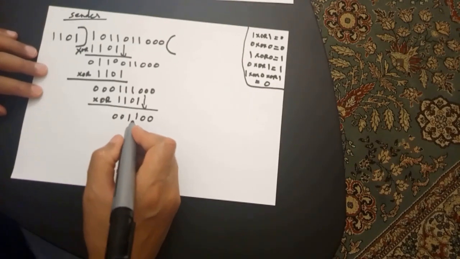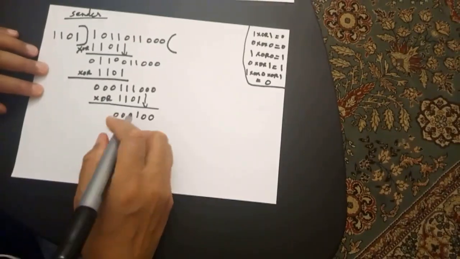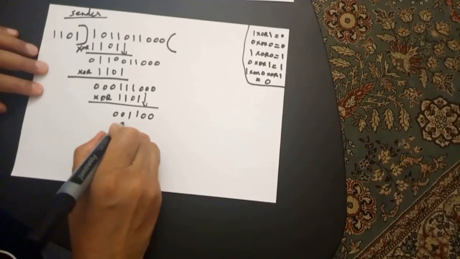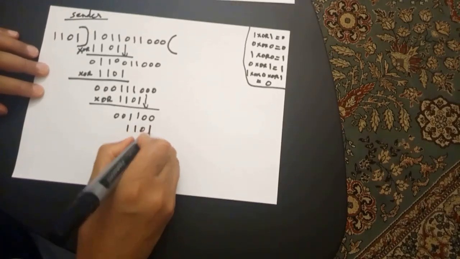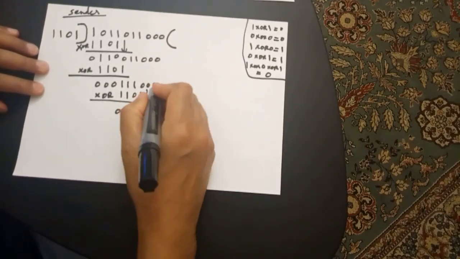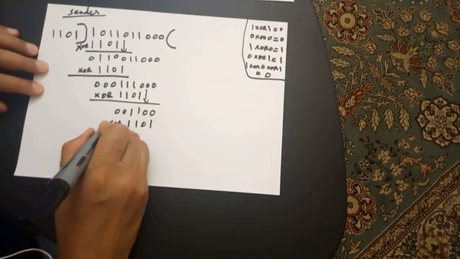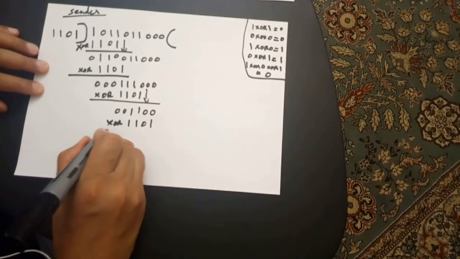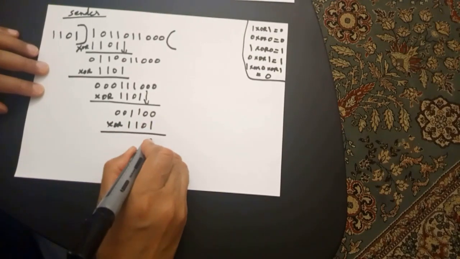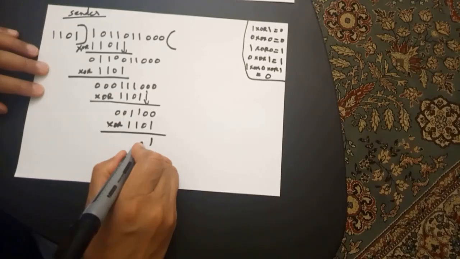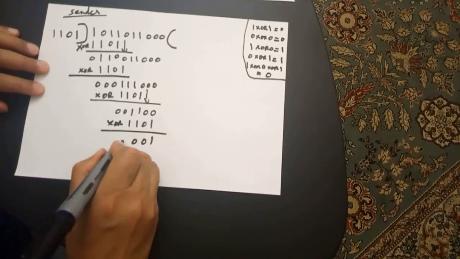Now again start with the leading 1, so it is 1 1 0 1. Now there's no remainder from the above string, so all are being exclusive ORed. 0 XOR 1 is 1, 0 XOR 0 is 0, 1 XOR 1 is 0, 1 XOR 1 is 0.